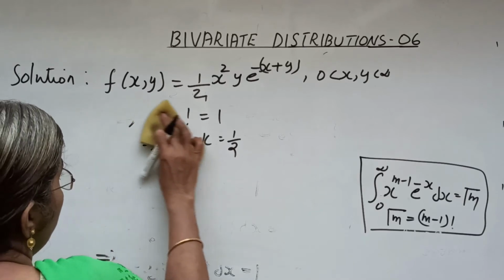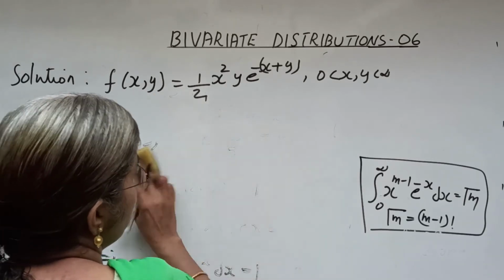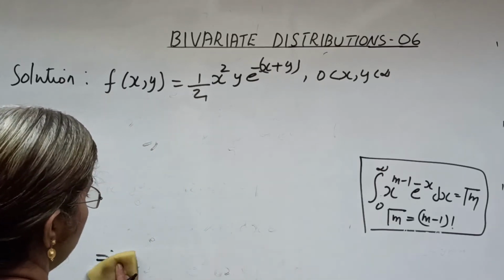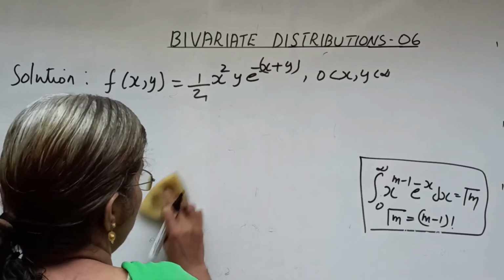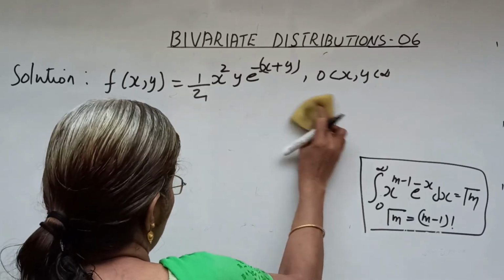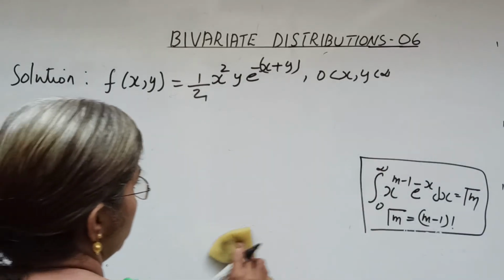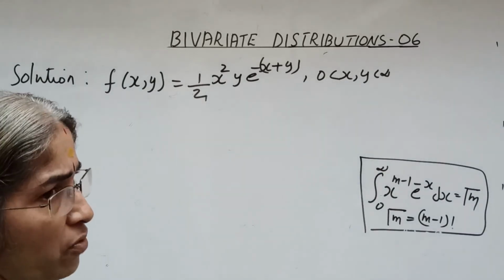Okay, now we want to show x and y are independent. For that, we have to obtain the corresponding marginal distributions of x and y. In order to show x and y are independent, we have to show f1x into f2y equal to f of xy.